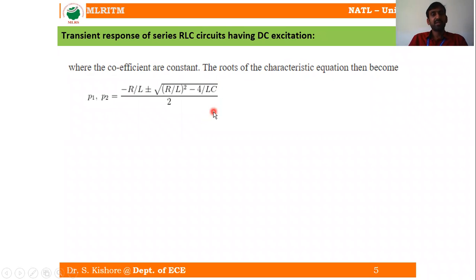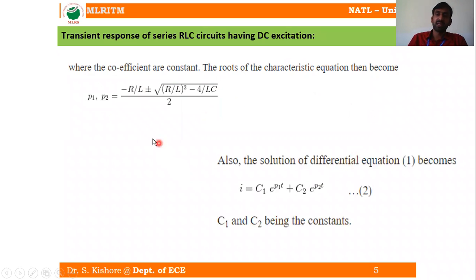So for this kind of second order linear differential equation, the solution can be written as I is equal to C1 into e power P1t plus C2 into e power P2t. Because we are having two roots, we are going to have two different expressions.